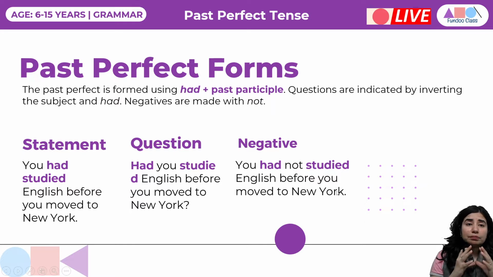Now, this is very important: there is no variation in terms of singular and plural as it happens in present perfect. I'm sure we remember that has is used when we are talking about singular subjects and have is used when we talk about plural subjects in present perfect tense.